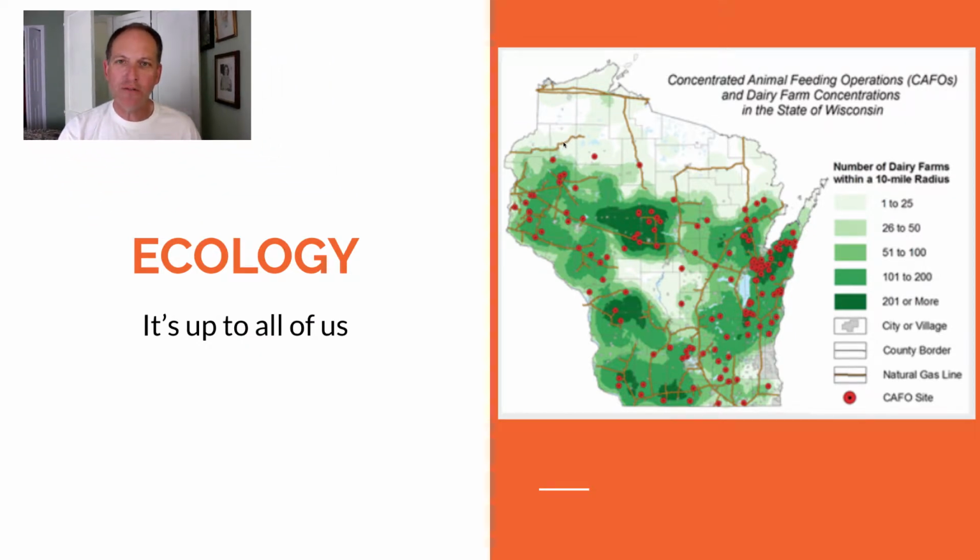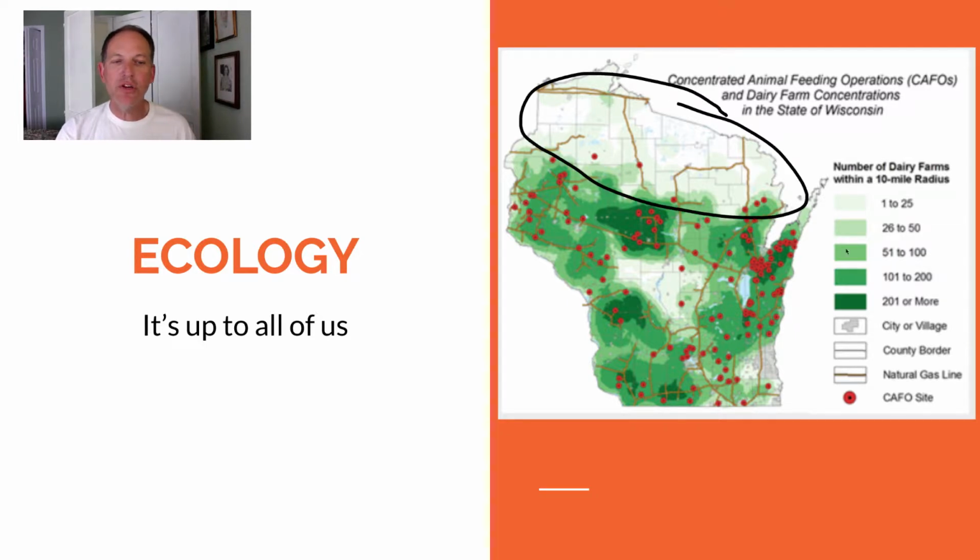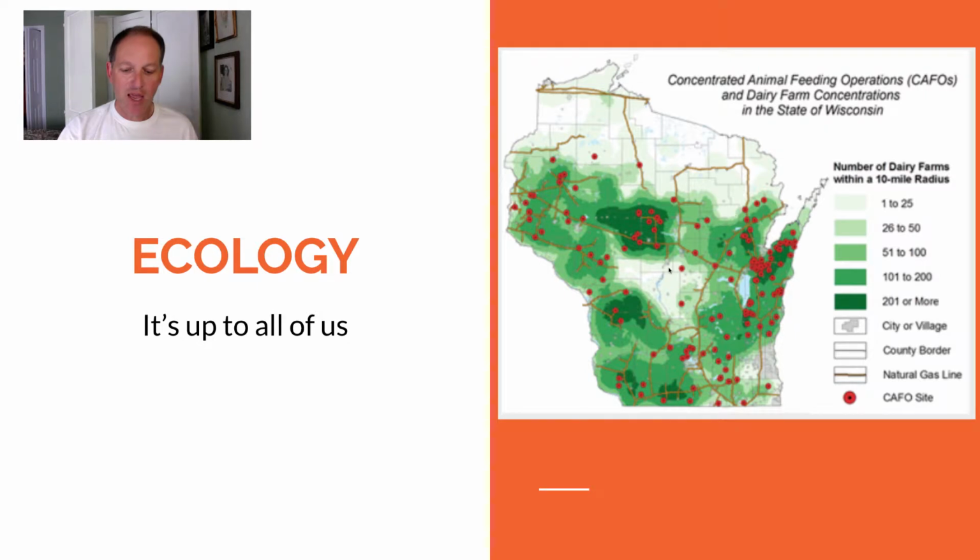I wanted to start first by showing you a chart of our beloved Wisconsin, and it shows where all the dairy farms are, which is kind of interesting. At least I find it interesting. First of all, how come there's no dairy farms there? And why are there so few dairy farms here?